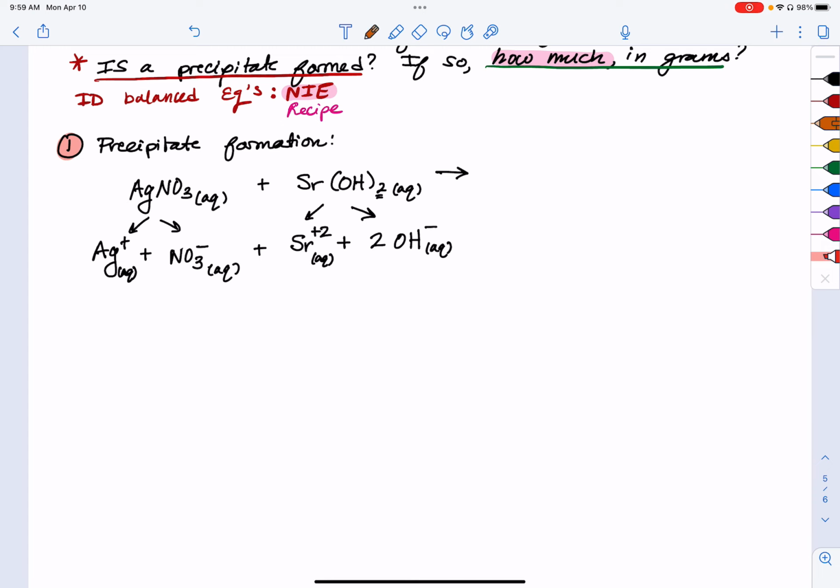And now we know that our cations are going to get new anions, meaning that the nitrate is now going to be associated with the strontium, and the hydroxide is going to be associated with the silver.